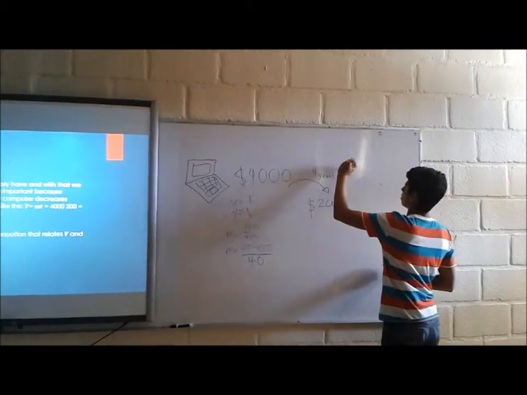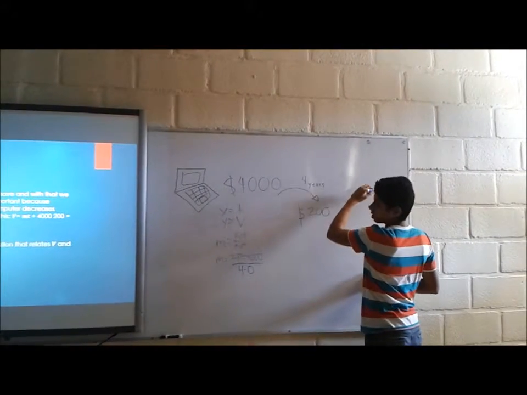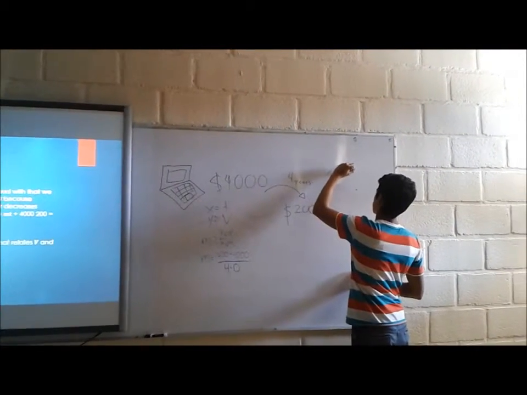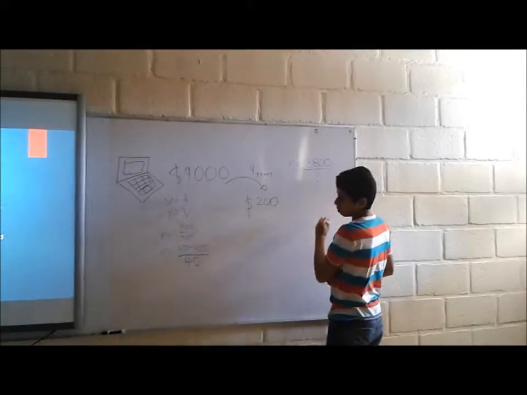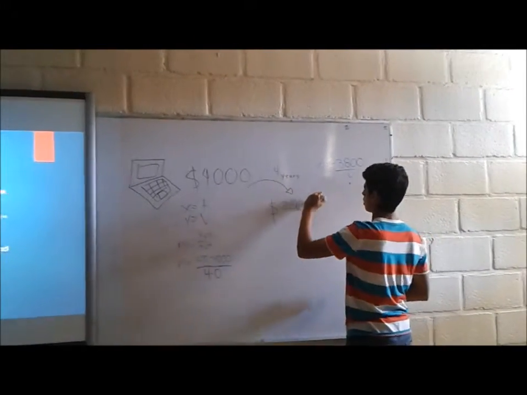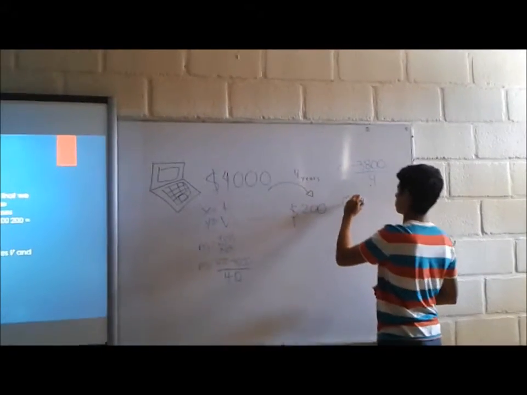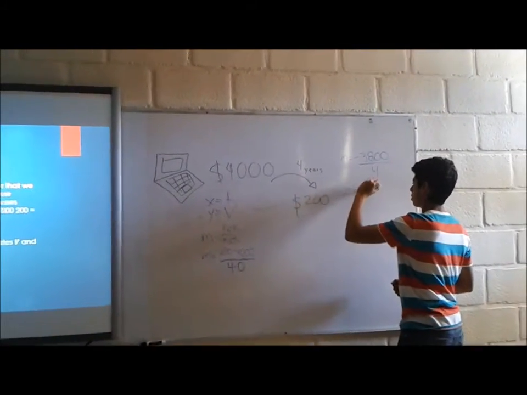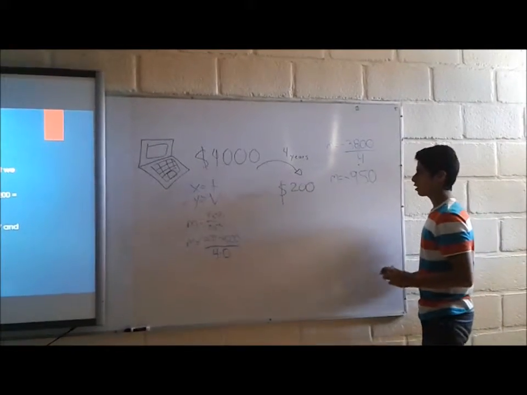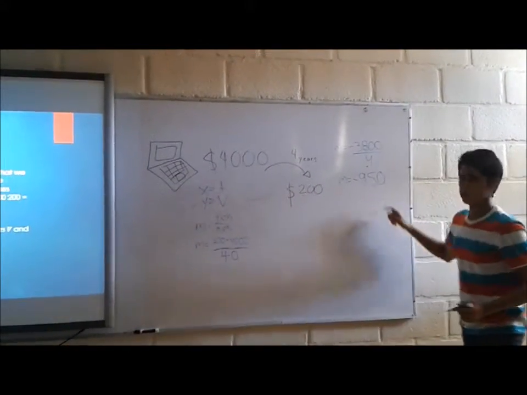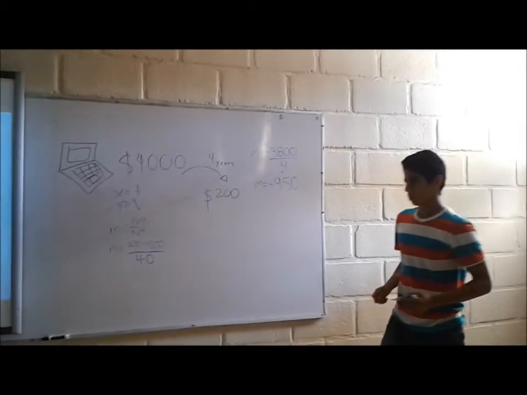Then the slope is equal to minus 3,800 over 4. And we find that the slope is equal to minus 950. And then with this value, we can find the equation.